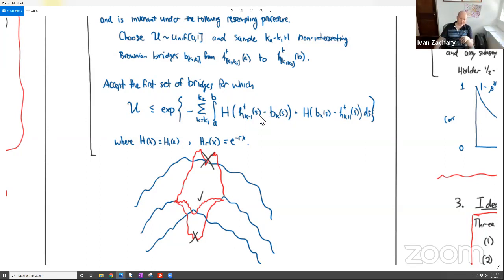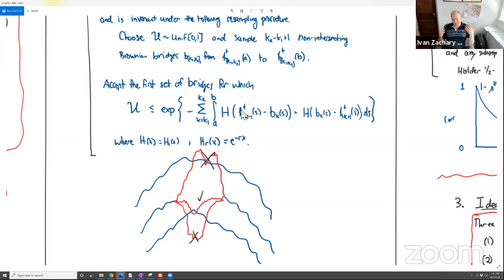Actually, what's written here is a little confusing, but I look between each consecutive pair of curves, and I compute an interaction energy, which I call H. I take this function H of the distance between the two consecutive curves, and then I integrate that over the region from A to B. And I sum that over all curves, and that gives me an energy of my configuration.